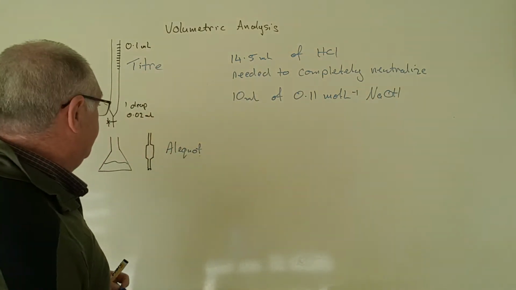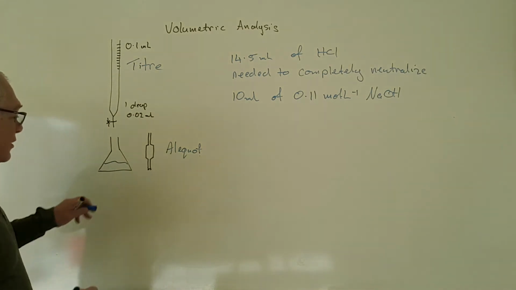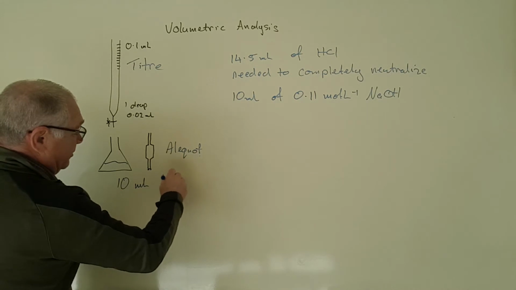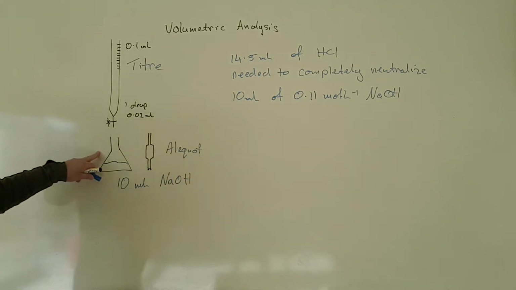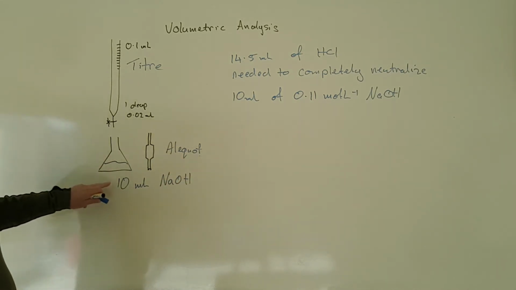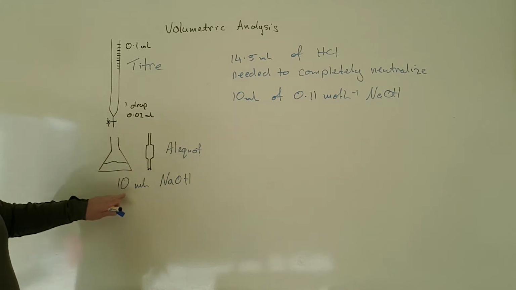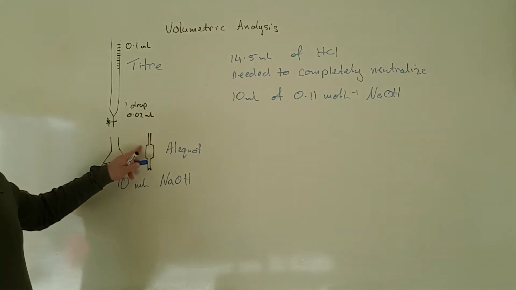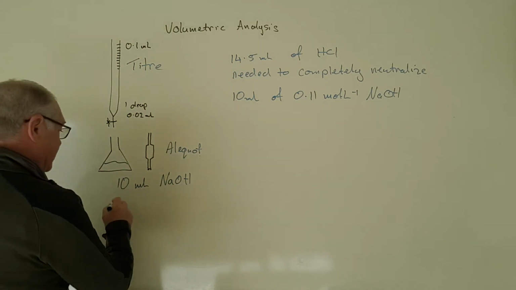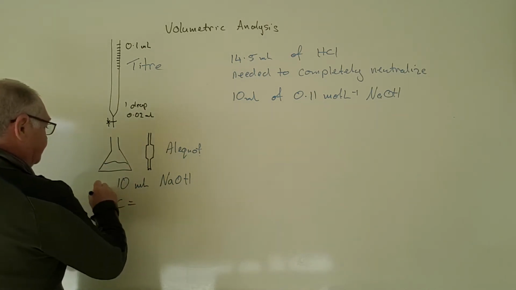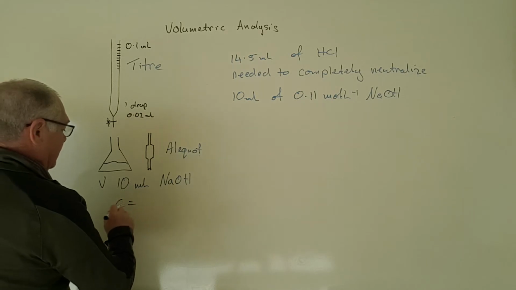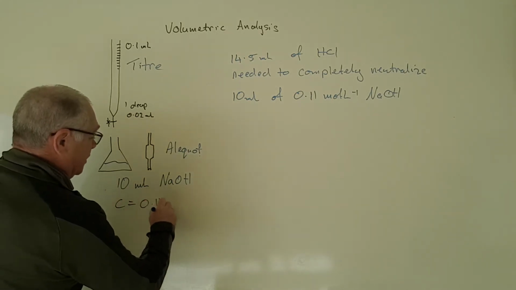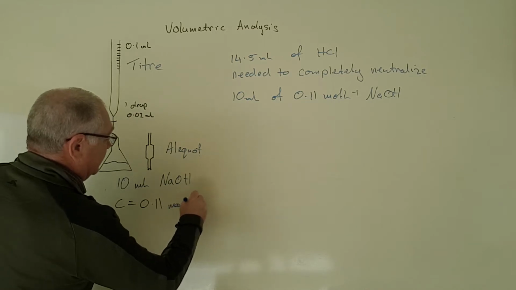So what have we got? What we've got is 10 milliliters of sodium hydroxide in the conical flask. How do I know it's in the conical flask? Because it's an accurate measurement of 10 milliliters, so I must have measured with a pipette, and I also know that the concentration is 0.11 mole per litre.